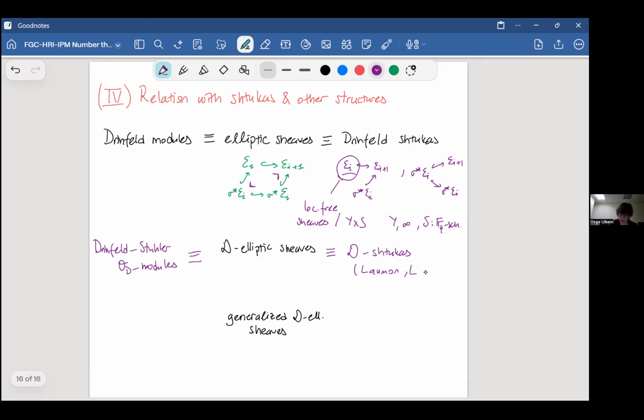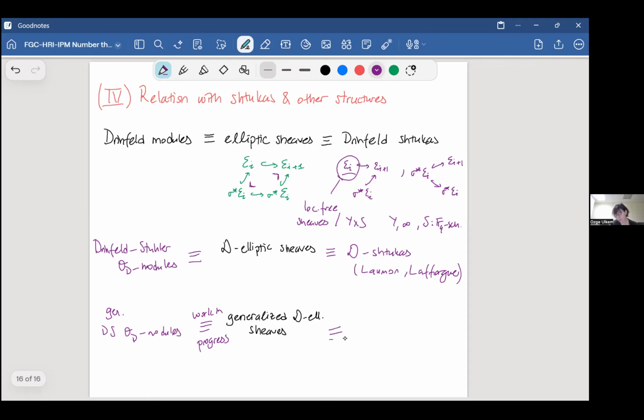And Laforgue as well, I believe. So for generalized D-elliptic sheaves, it's pretty new. This is, I have to say, work in progress, which I'm working on: generalized Drinfeld-Stuhler OD modules.